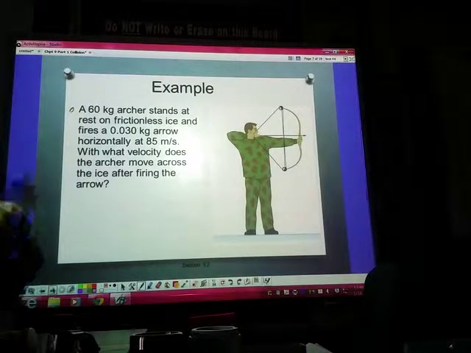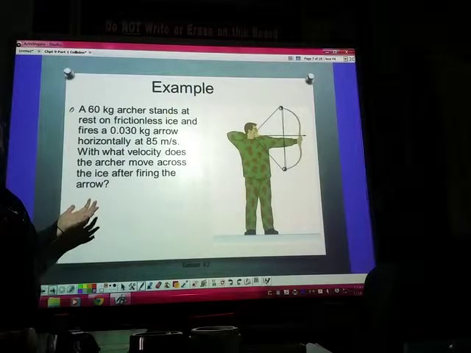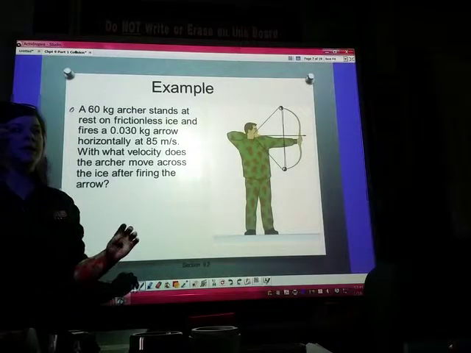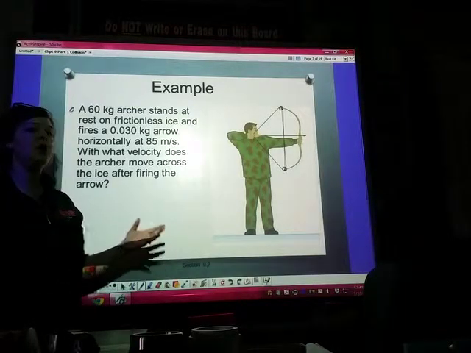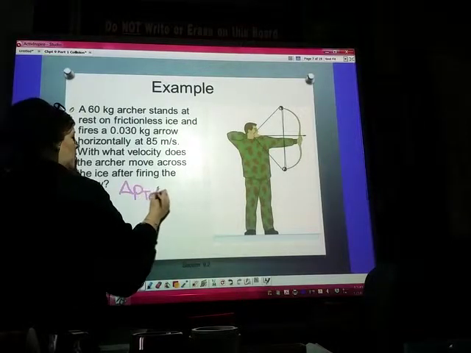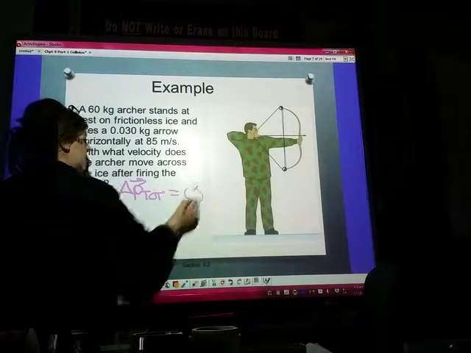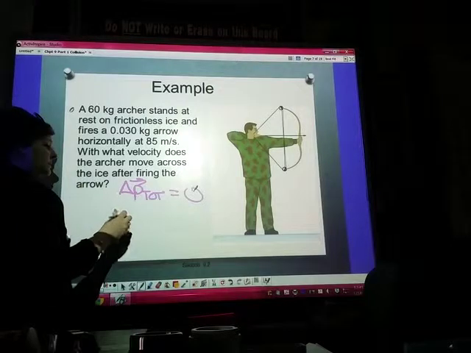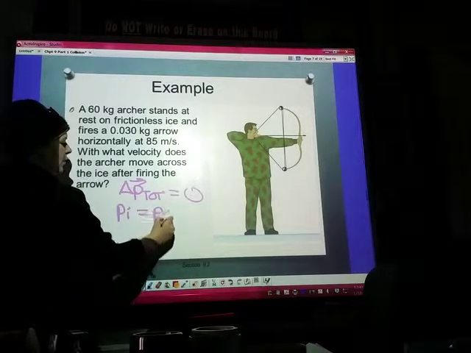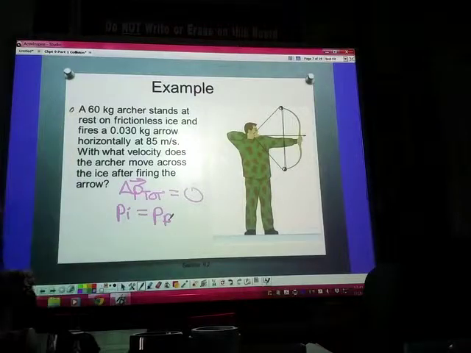So let's assume we are talking about an isolated system here. And if we're talking about an isolated system, then I have to follow conservation of momentum, meaning that the change in the total momentum has to be equal to 0, which means that the initial momentum has to equal the final momentum.